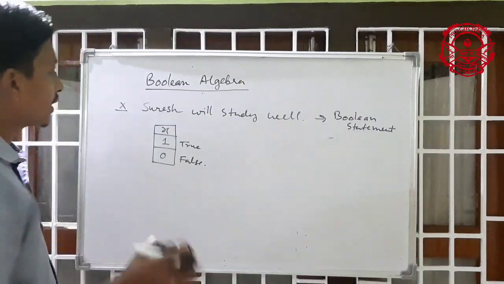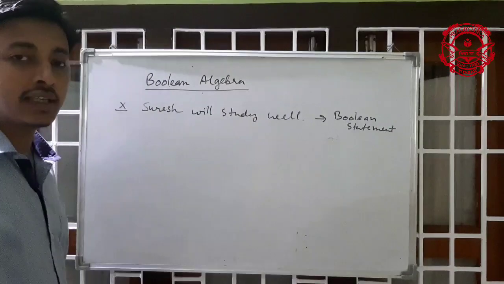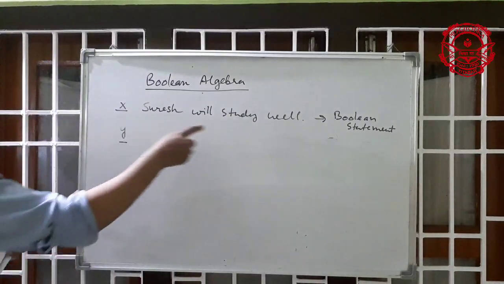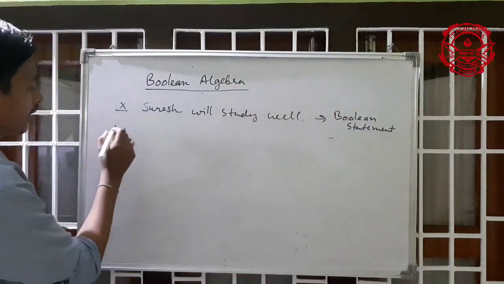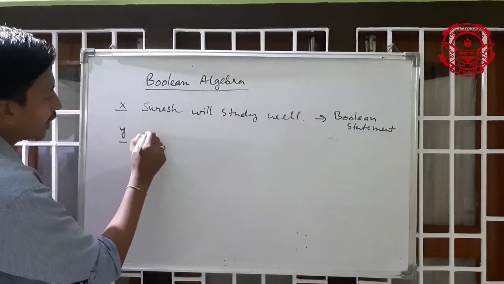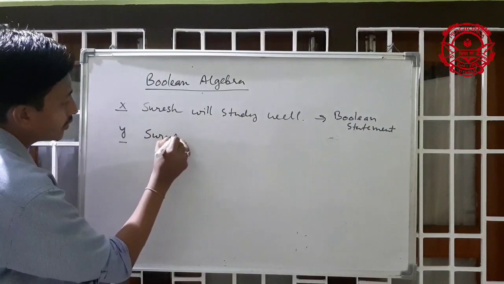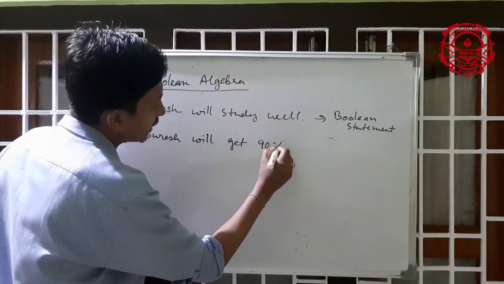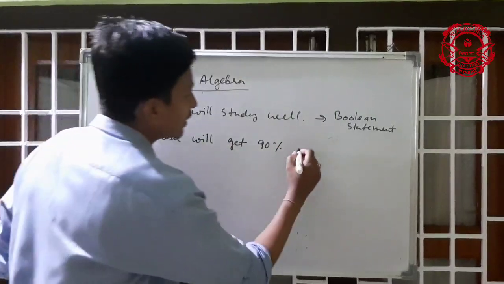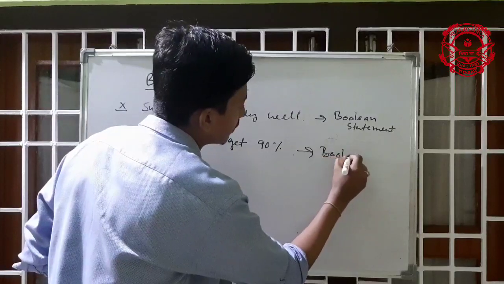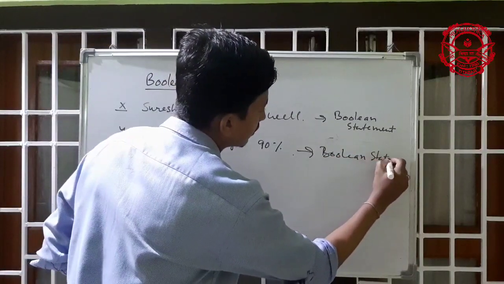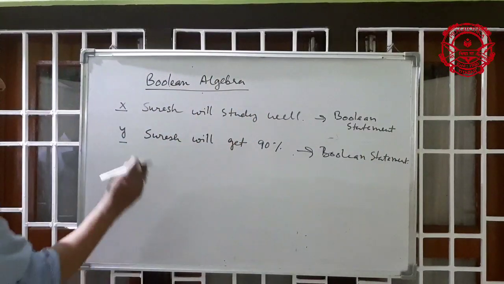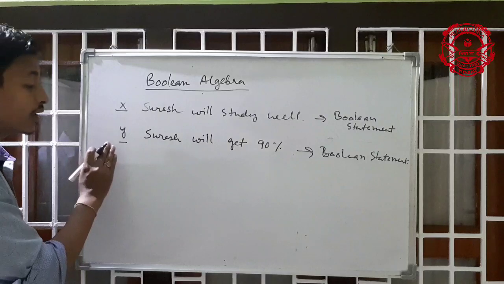Second statement: if I add one more statement, say y. Suresh will study well is the first Boolean statement. If I add another statement, Suresh will get 90%, this is the second Boolean statement, and it is denoted as y.